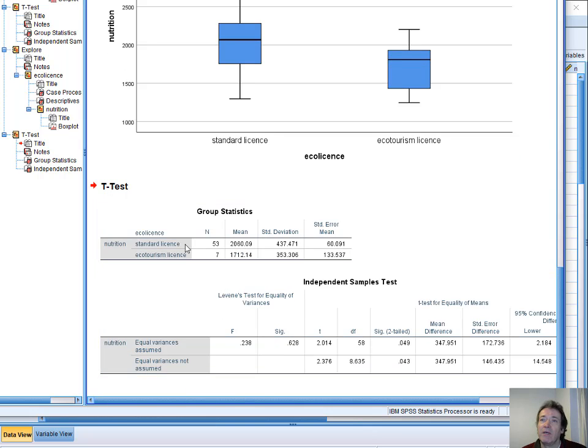So here are the results. There's the mean comparison again, which we had before, just in the sample, 2,000 versus 1,700. The null hypothesis says, if we assume that in the whole population the means are exactly the same, what's the chance of drawing our sample of 60 and finding a difference in the means as big as this one?